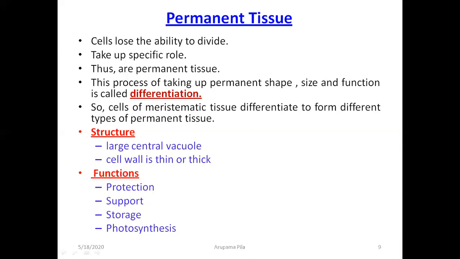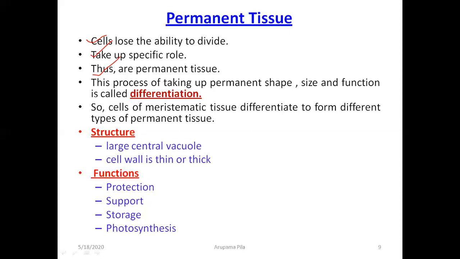Now they cannot divide anymore. They cannot show cell division. So permanent tissue, what are their characteristics? Cells lose the ability to divide, then take a specific role, means their role becomes specific. Okay, then thus are permanent tissue.